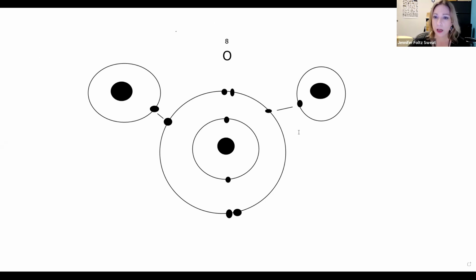So I'm going to write down the definition here of a polar molecule. Now remember, a polar molecule is formed from polar covalent bonds, sharing electrons unequally.